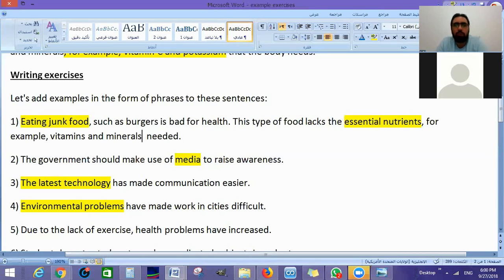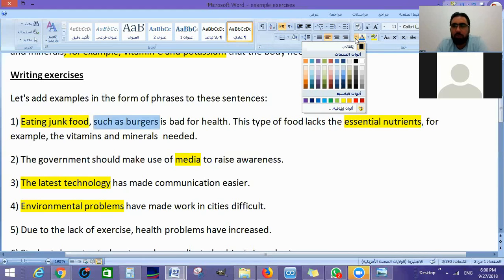Okay, so eating junk food such as burgers is bad for health. This type of food lacks the essential nutrients, for example, vitamins and minerals. Okay, so here we have some examples. It's not as difficult as maybe some students like to think.